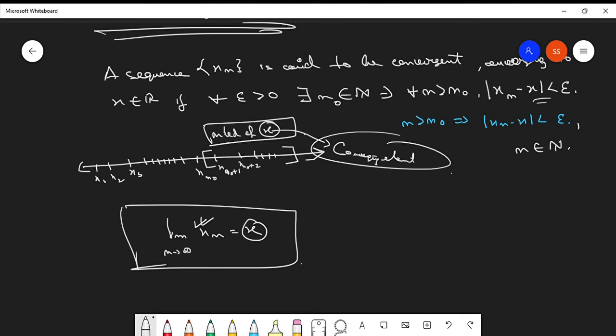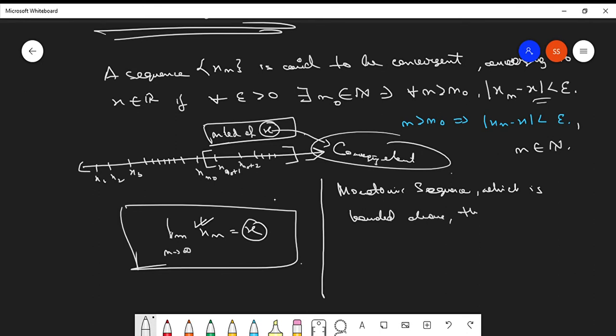If you have a monotonic sequence, as I was just telling you, there are some properties regarding monotonic sequences. If you have a monotonic sequence which is bounded above, then the sequence converges to its LUB, the least upper bound of its range.